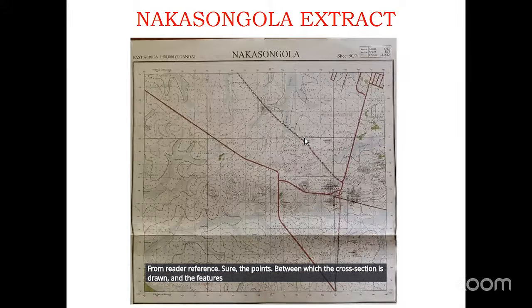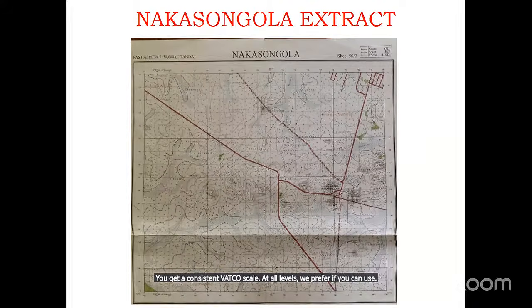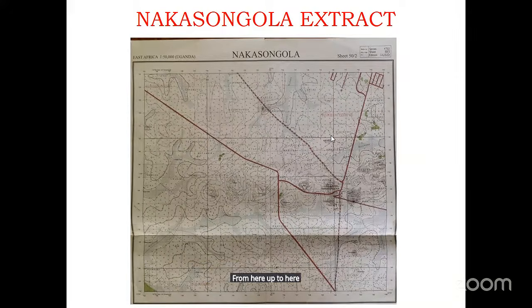The features are always in the scenario or in the task. You need a consistent vertical scale at all levels; we prefer if you can use the vertical interval as your vertical scale. Measure the same horizontal distance, like for example, they have told you cross-section along northing 50, from here up to here, you measure, it should be very accurate.